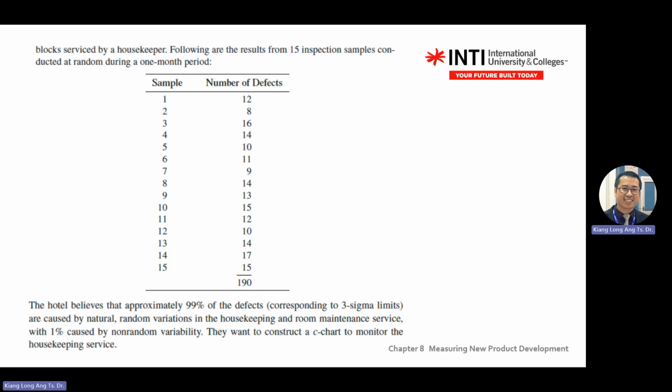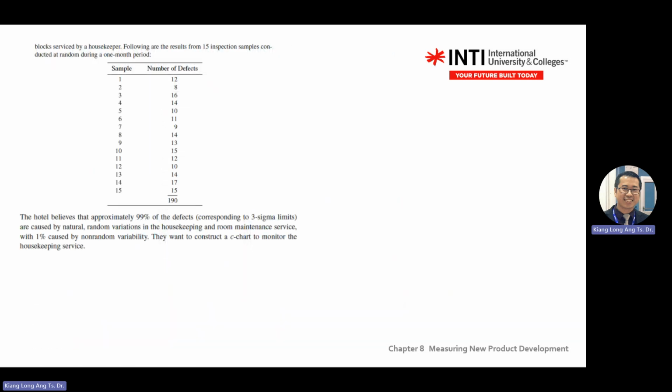It means you are looking at Z for 99%, which means your Z equals 3. With 1% caused by non-random variabilities. So we are not concerned about the 1%. We are more concerned with Z. They want to construct a C chart to monitor the housekeeping services. So you need to look at the table and build.